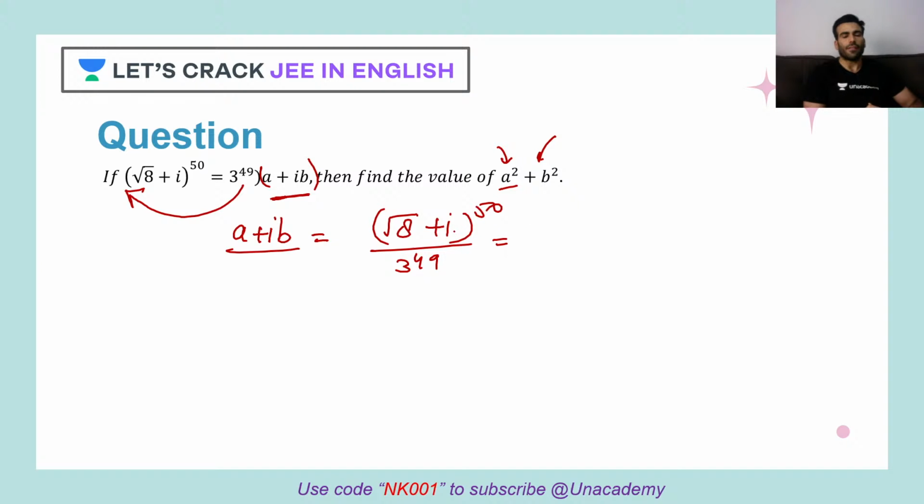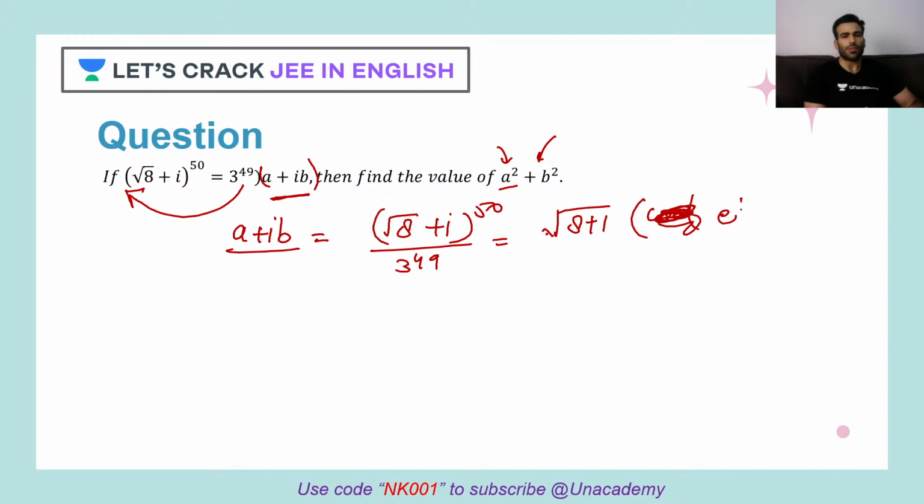Now, if I try to write this in Euler form, mod will be r, so root 8 plus 1 into, so I'll have cos of angle. Instead of angle, I'll directly write the argument.